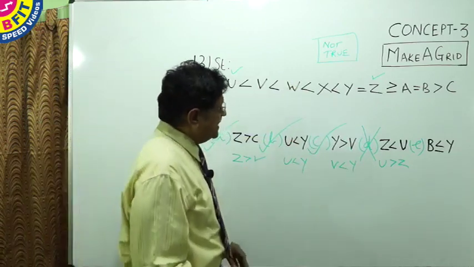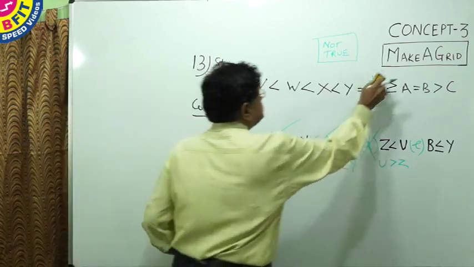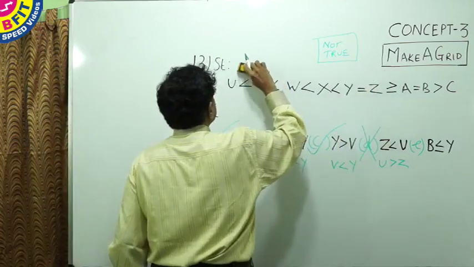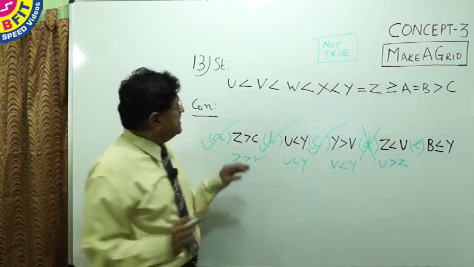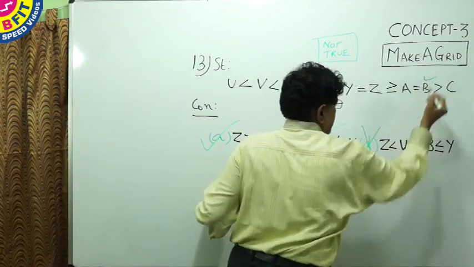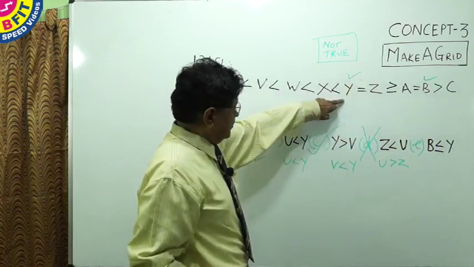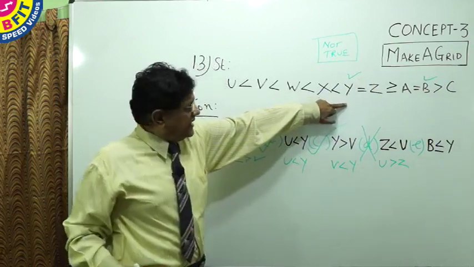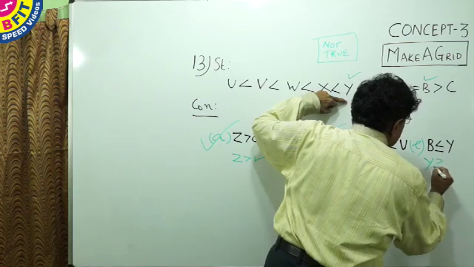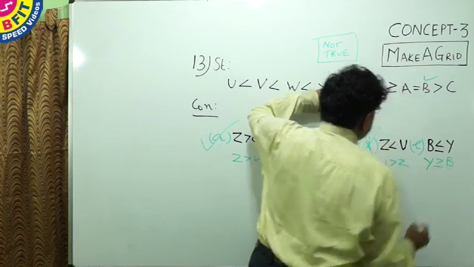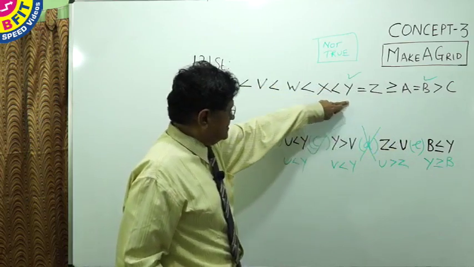B is less than or equal to Y. What are the elements? The elements are B and Y. Now the conclusion is not in alignment with the statement, therefore we will change it to Y greater than or is equal to B. Now, which are the symbols?